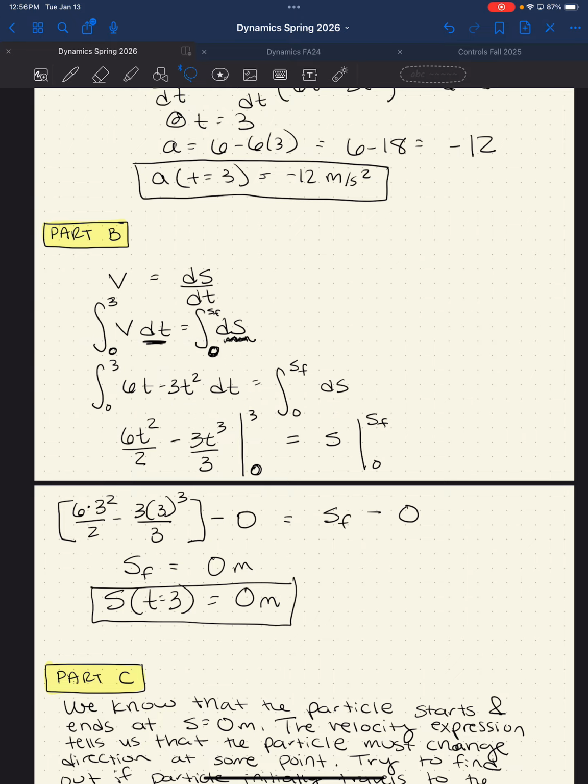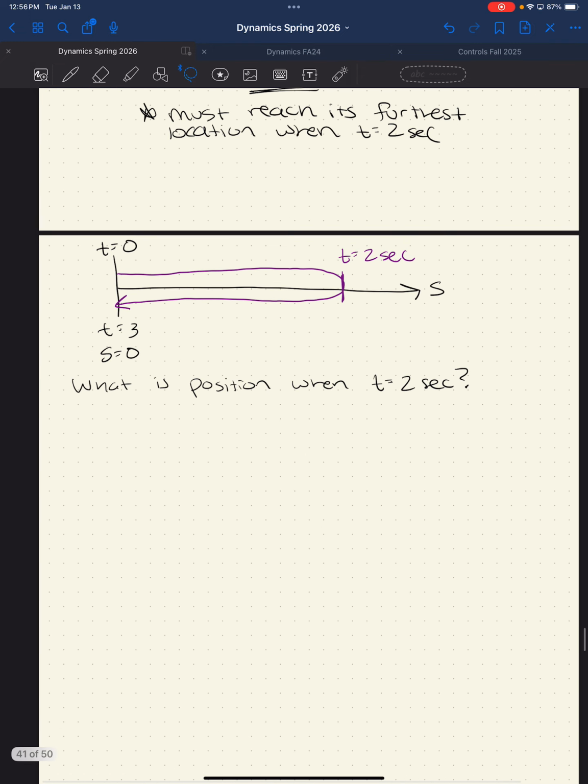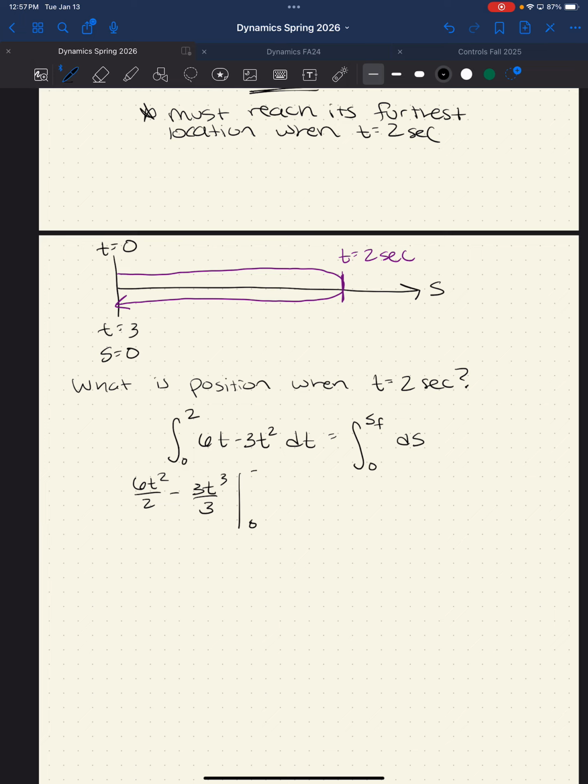I can just change my bound of integration from going to t equals 3 to going to t equals 2. Same integral. 6t squared over 2 minus 3t cubed over 3 from 0 to 2 equals s_f. Skipped a couple of steps there.